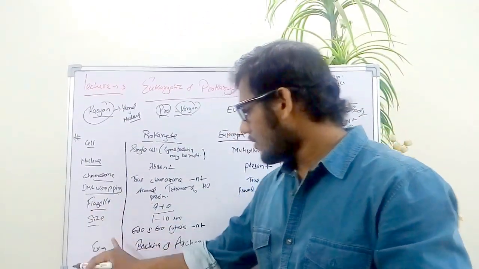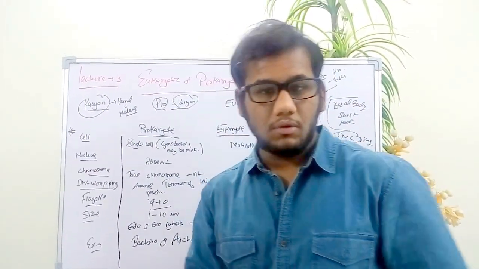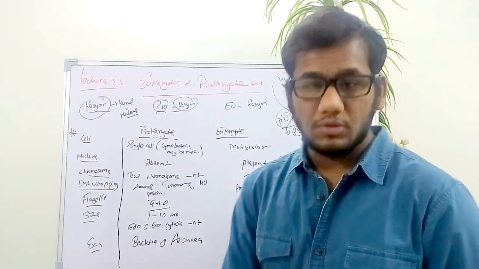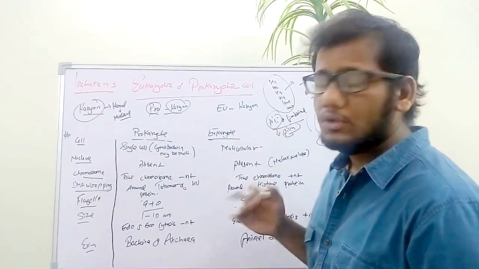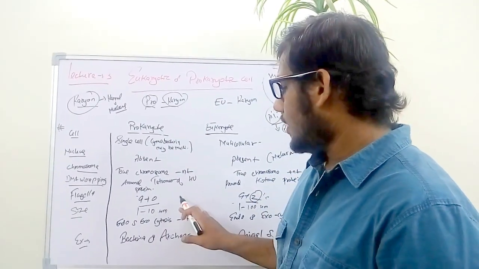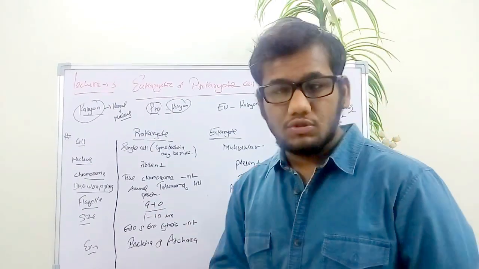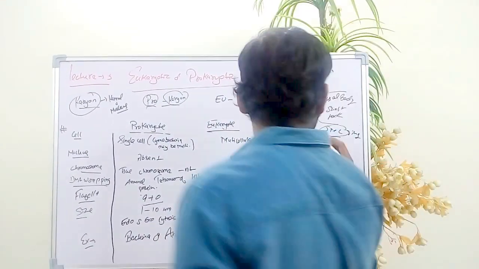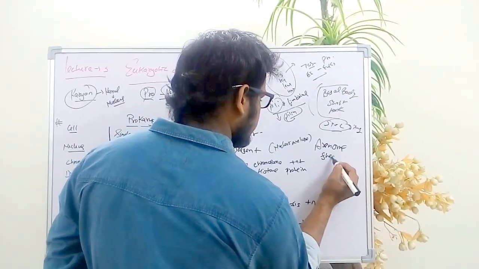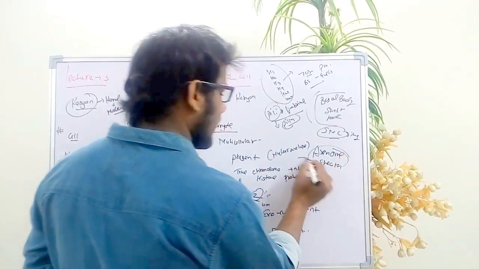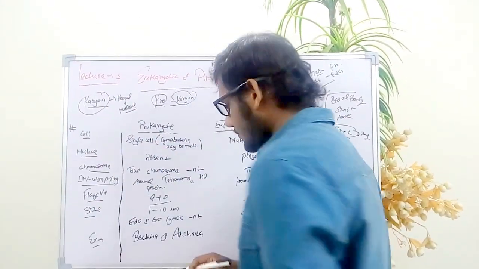Now the microfilaments and microtubules help in the formation of the cytoskeleton. These are also absent in prokaryotes and present in eukaryotic cells. One point I forgot: in flagella, the axoneme and sheath are absent in prokaryotic cells, but present in eukaryotic cells.